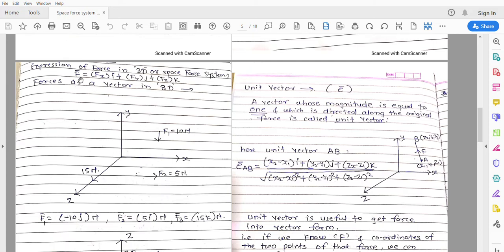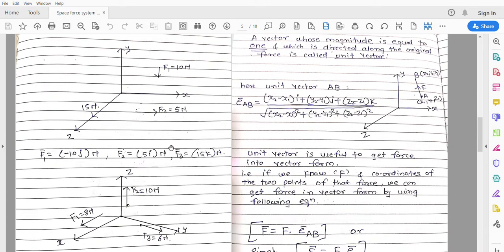So remember, i for x, j for y, and k for z-axis.